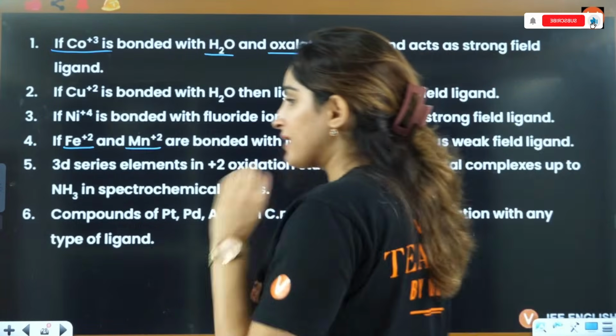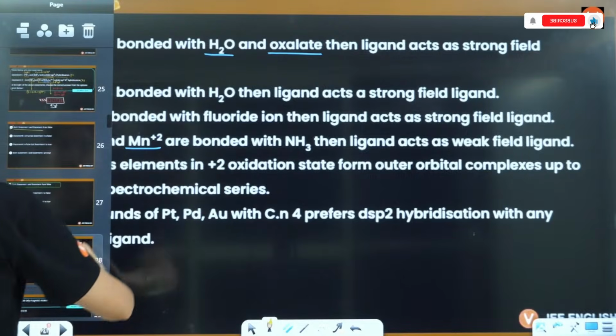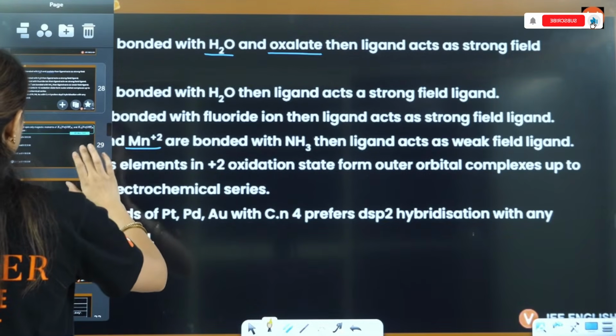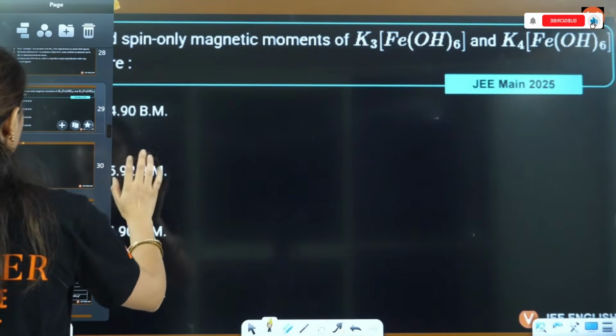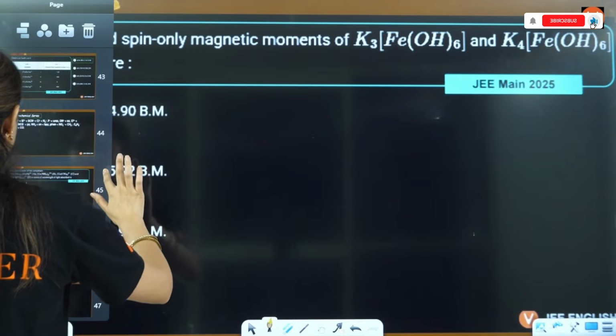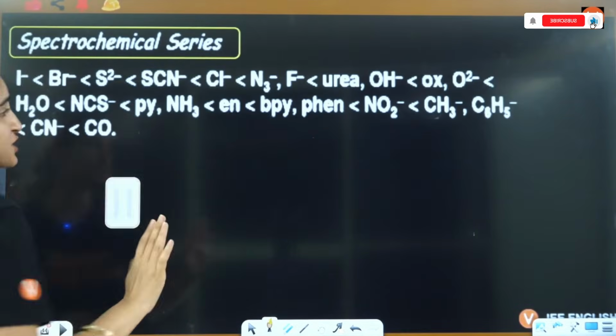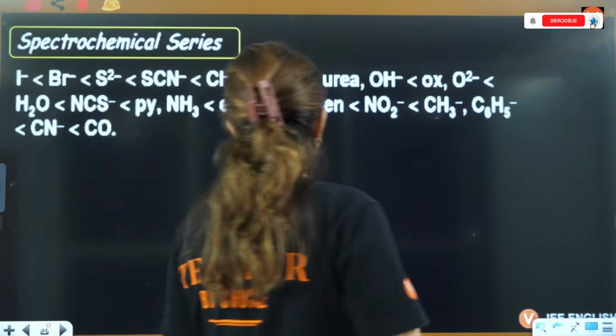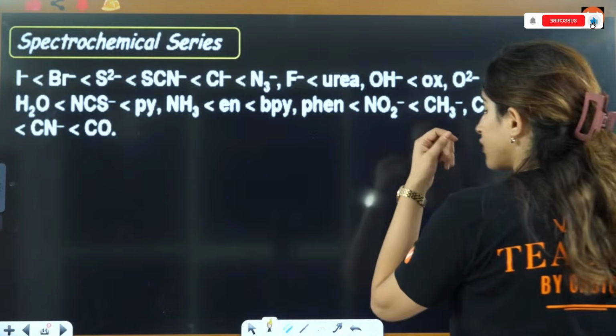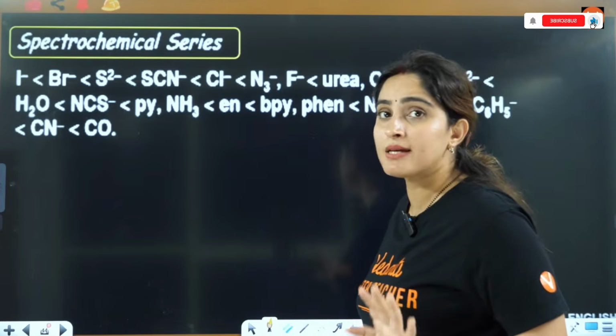Now, one thing I want to tell you that actually we will study in the spectrochemical series. Let me just show you the spectrochemical series. This we will study in CFT. This is an application, actually a conclusion of CFT. This was given by CFT.